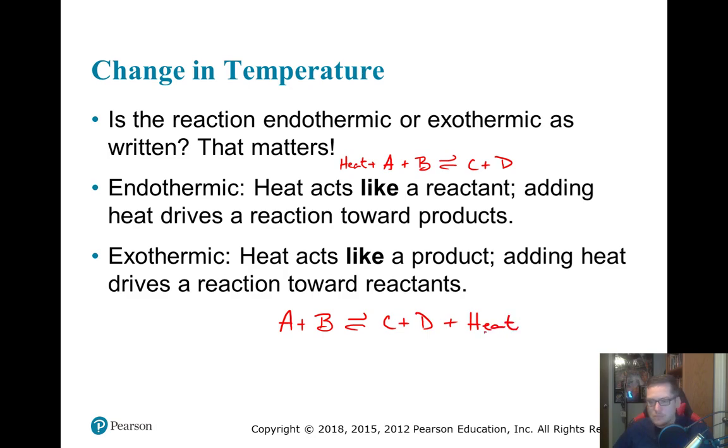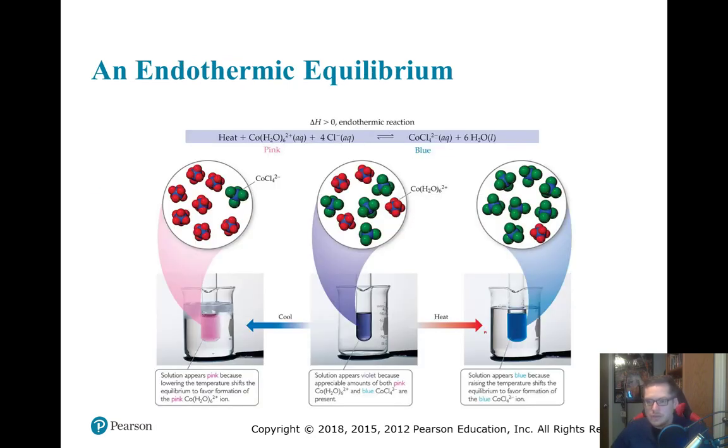So here they've shown you a reaction. It looks like I've got the cobalt hexahydrate ion. On the left hand side, it's actually an endothermic reaction. If you're favoring this side, you're pink, and if you're favoring this side, you're blue.